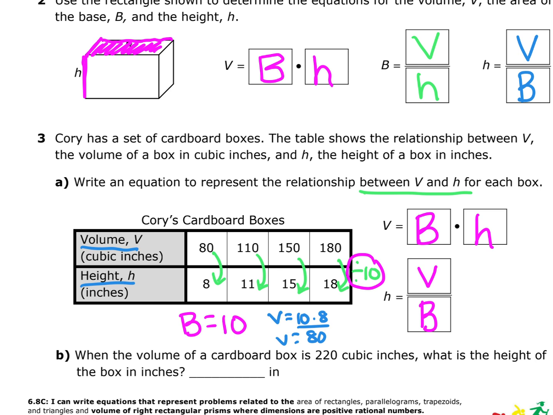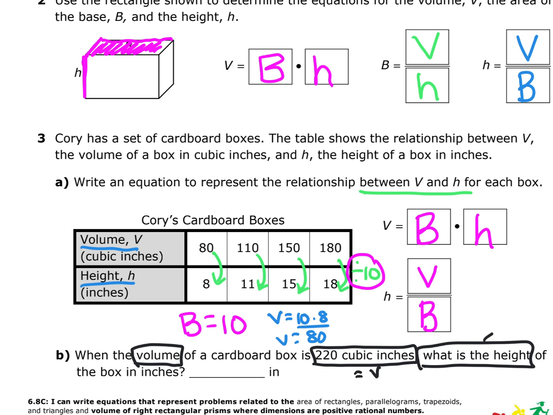All right, so let's look at letter B. It says when the volume of a cardboard box is 220 cubic inches, what is the height? So we're given the volume, and it's asking us what is the height, so that's what we're looking for.